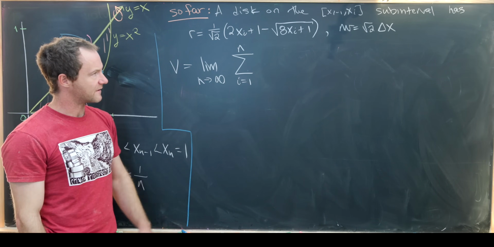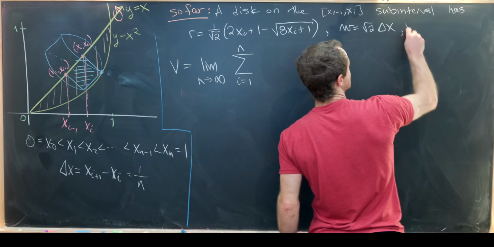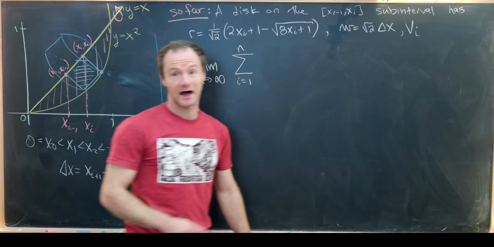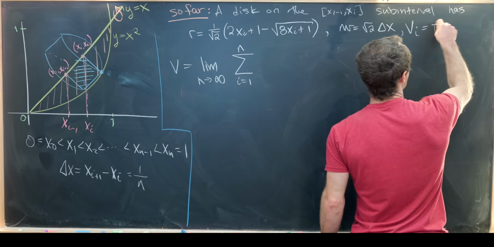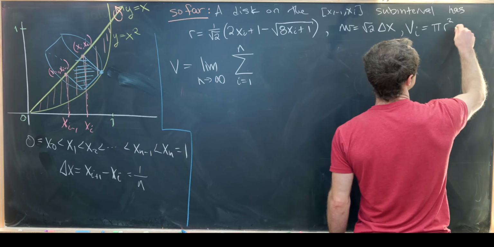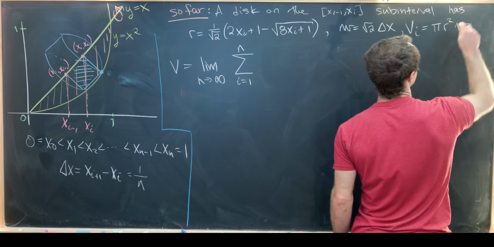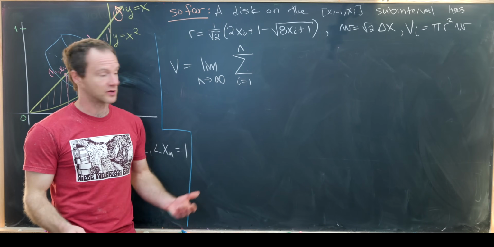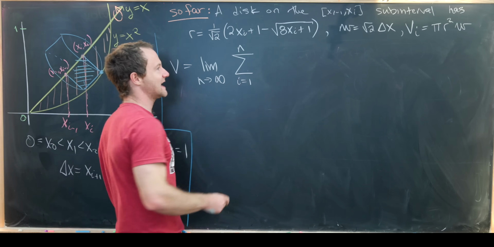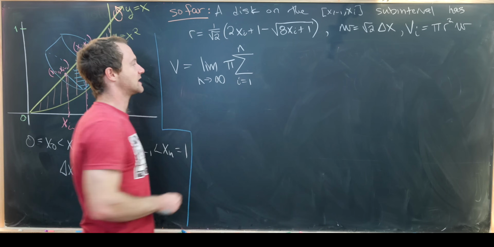But let's recall that the volume of a disk, maybe we'll call it V_i for the ith disk, will be equal to pi times this radius squared times the width. So that's a standard formula for the volume of a disk. So let's maybe take that pi and put it out here.